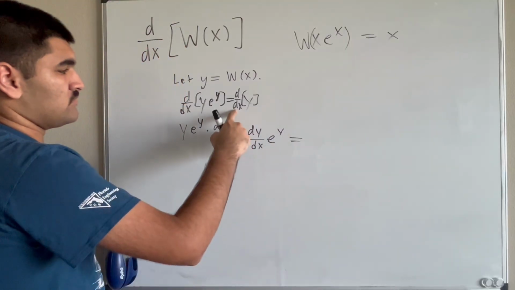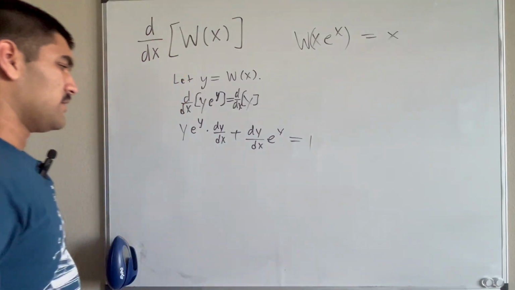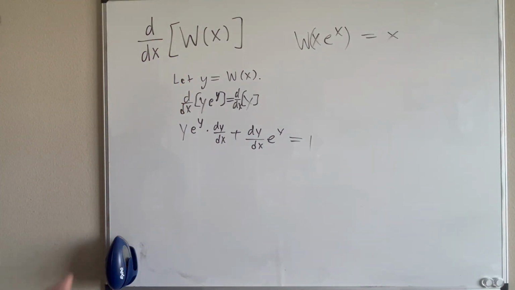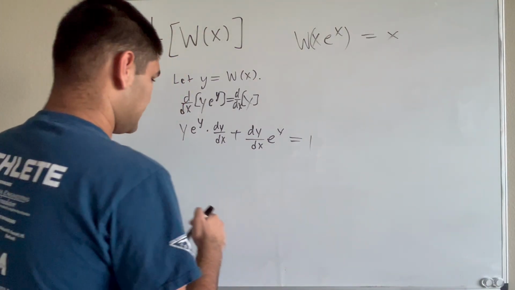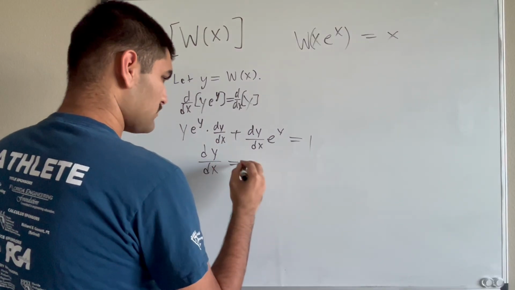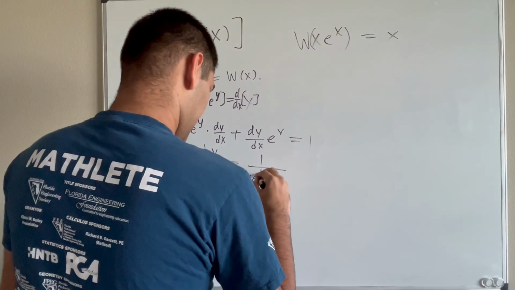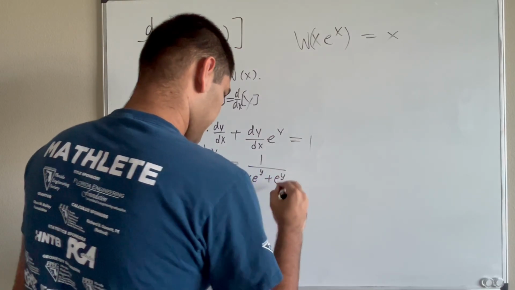And this is equal to the derivative with respect to x of x, so that's just 1. Then we can factor out the dy dx and divide both sides. So we get dy dx is equal to 1 over y e to the y plus e to the y.